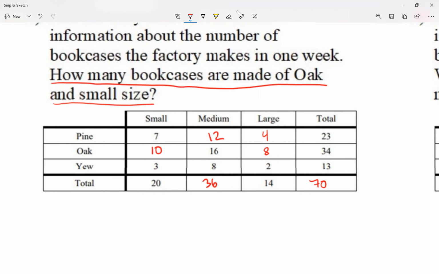When I'm asked a how many question, my answer will be a single number. Not a single digit, but a single number. So how many bookcases are made of oak and small? Oak is this way, small is this way, and they meet right here. There are 10 of them, so my answer will be 10.